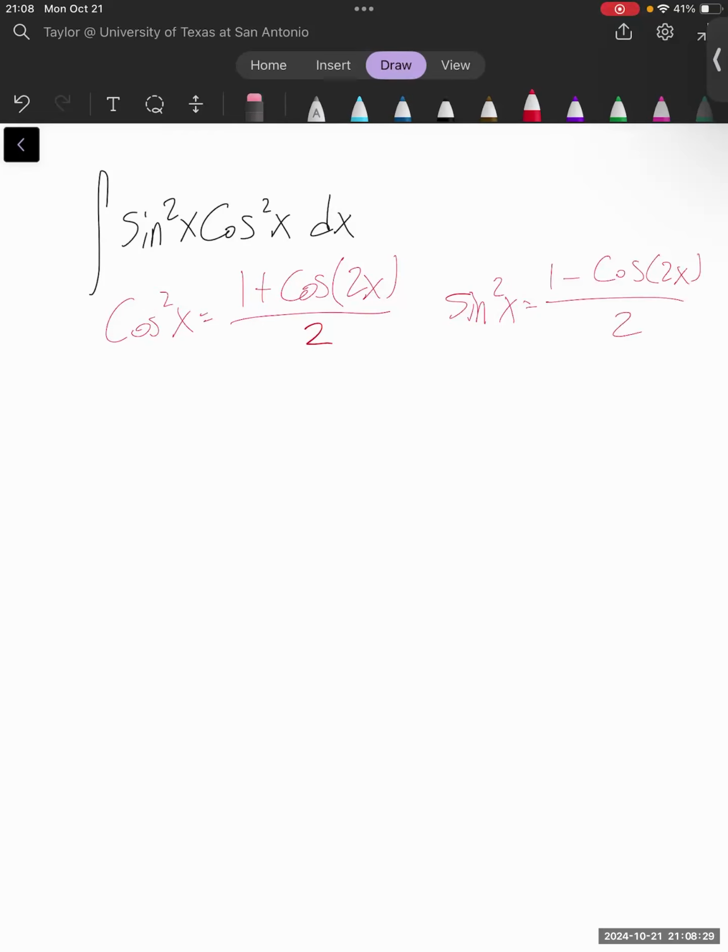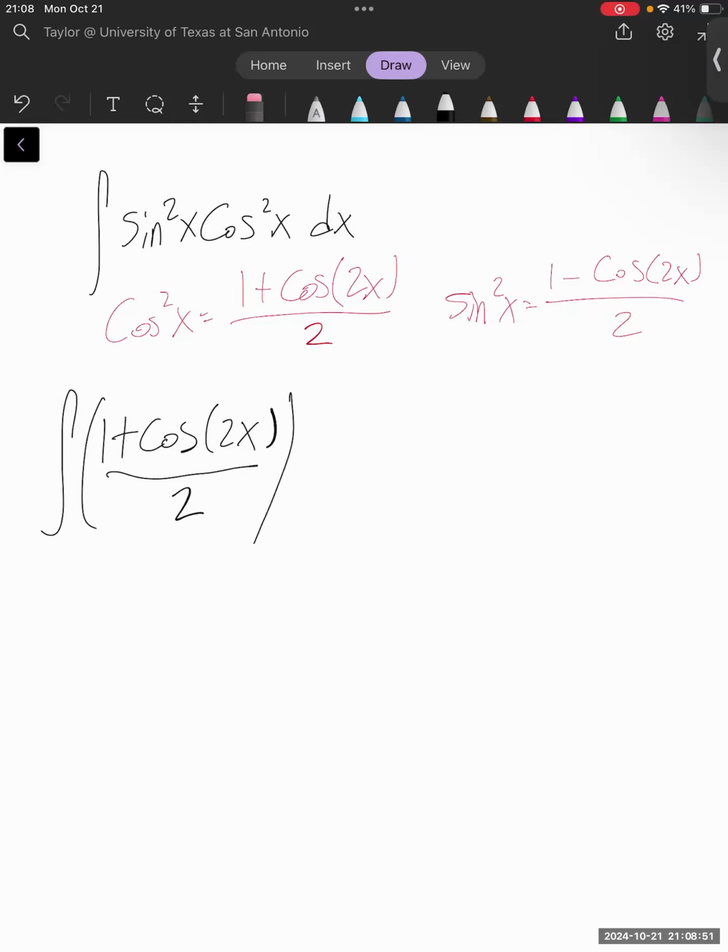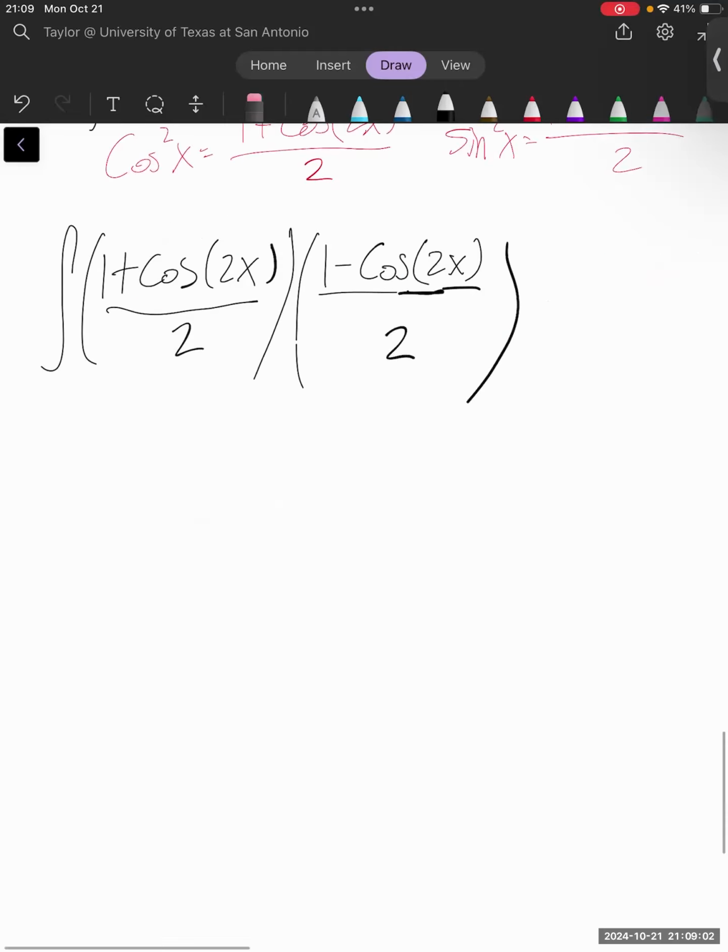Substituting these into my integral, I get (1 plus cosine 2x) over 2 times (1 minus cosine 2x) over 2.